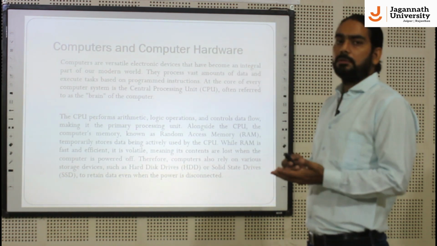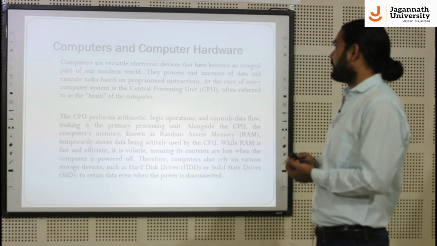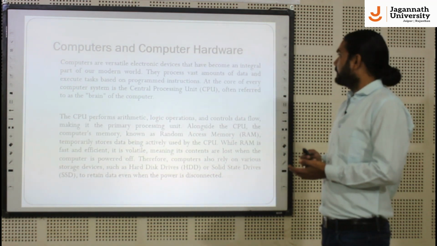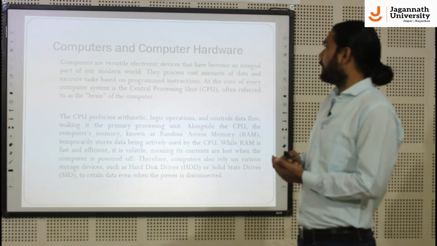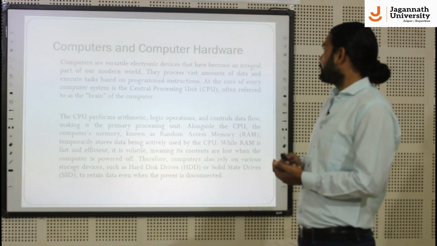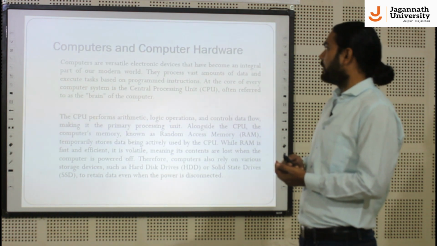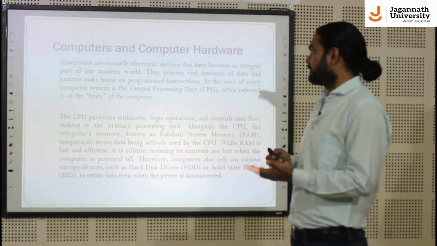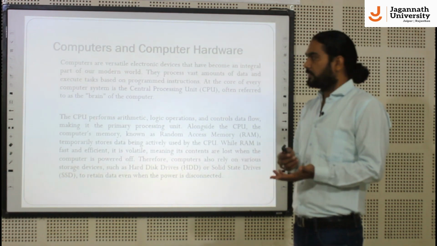So when we talk about computers, it is a versatile electronic device that has become an integral part of our modern world, because computers are used everywhere in this era. They process vast amounts of data and execute tasks or processes based on their instructions.